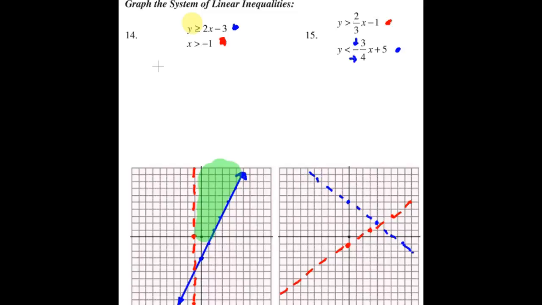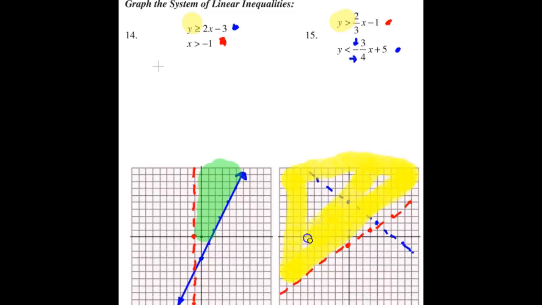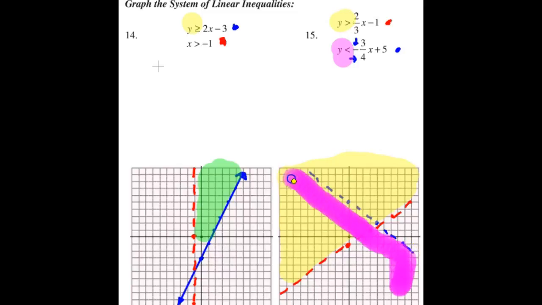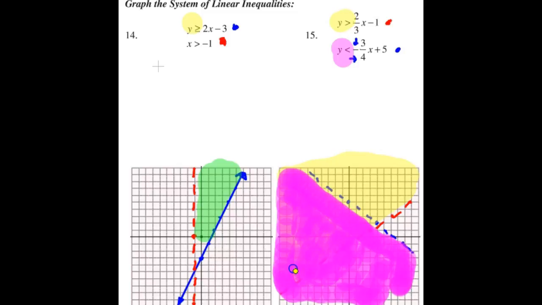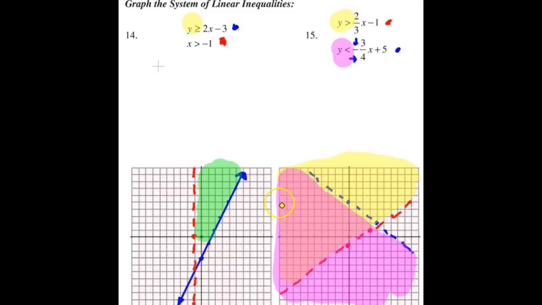There we go. Okay. And I want to shade above the red line, so that's everything above here. And I want to shade below the blue line. So below the blue line would be all this. And there you can see the shading overlaps right here in this quadrant.